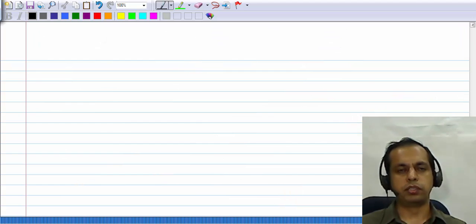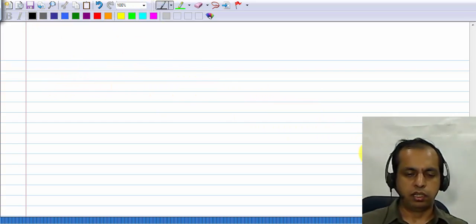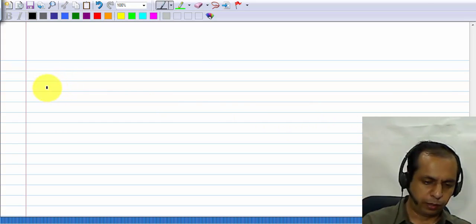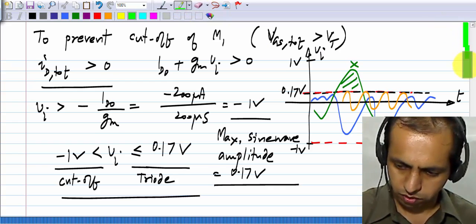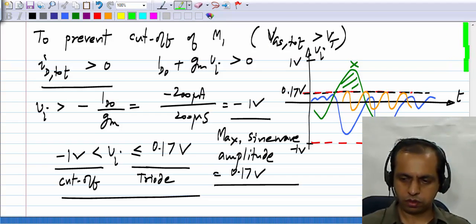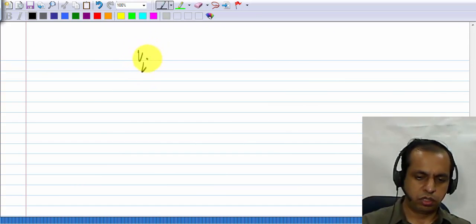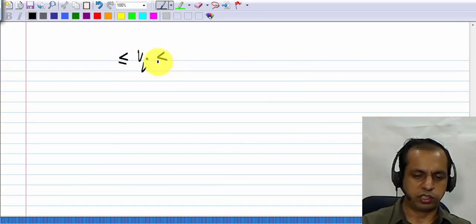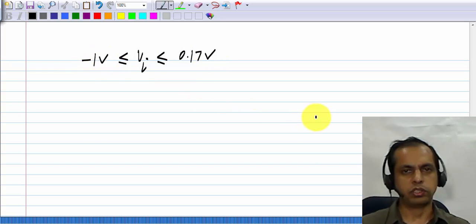Now this cutoff limit is one more interesting thing to see, exactly what happens at cutoff. We have expressed the limits in terms of the input voltage Vi. Vi should be between 0.7 volts and -1 volt.